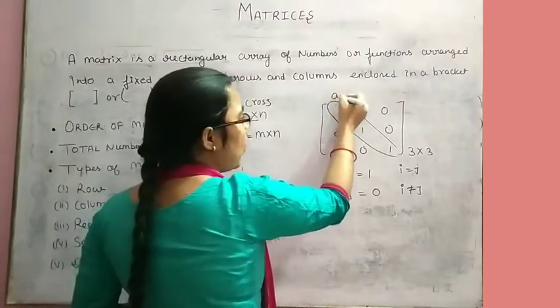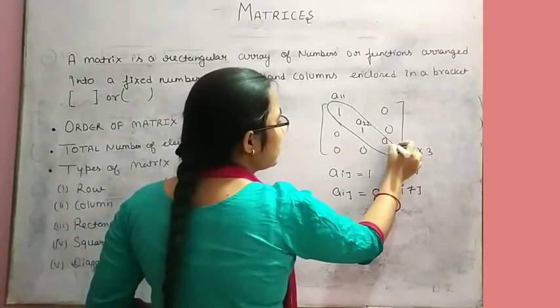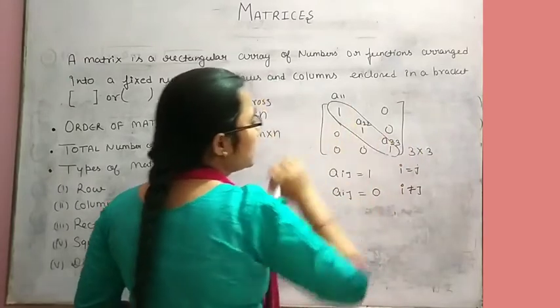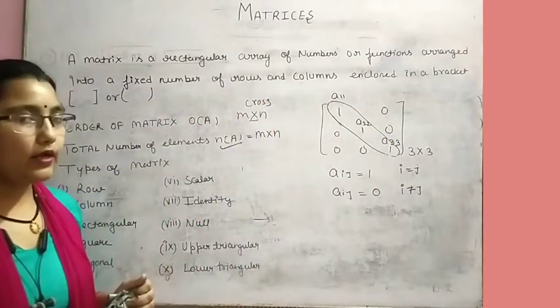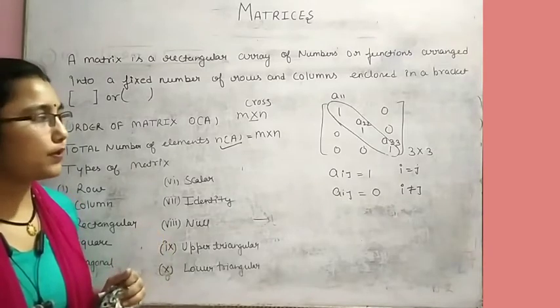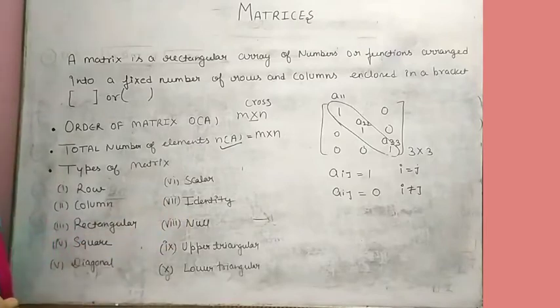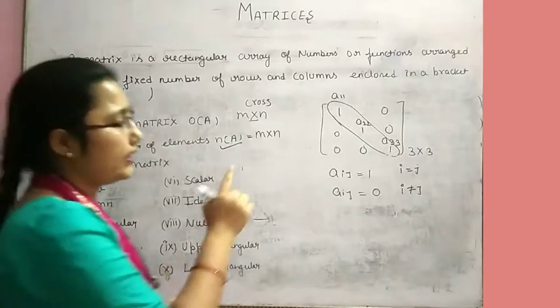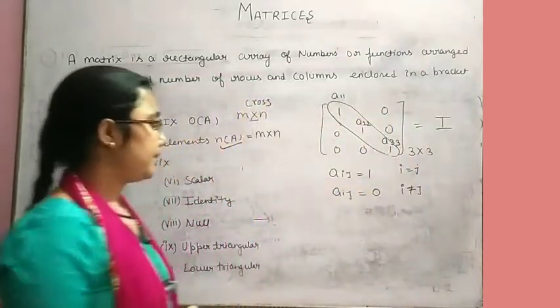This represents a 1, 1. This one represents a 2, 2 and this one represents a 3, 3. The entries for principal diagonal are 1 and non-principal elements are equal to 0, known as identity matrix, and it is represented by capital I.